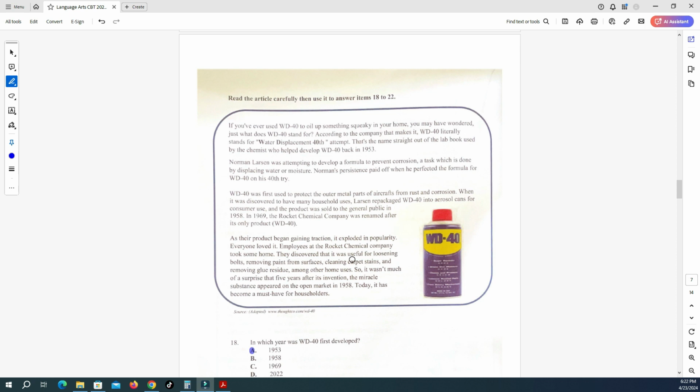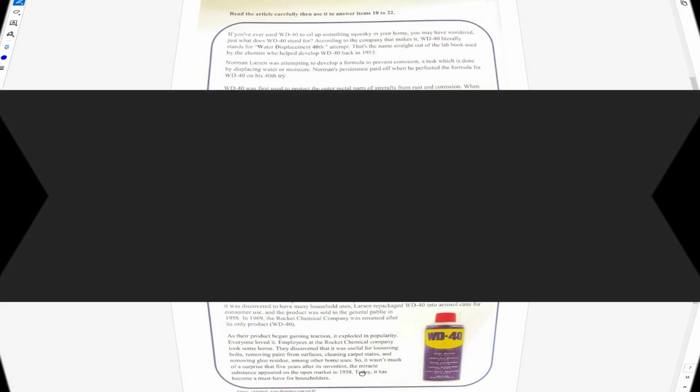They discovered that it was useful for loosening bolts, removing paint from surfaces, cleaning carpet stains, and removing glue residue, among other home uses. So it wasn't much of a surprise that 5 years after its invention, the miracle substance appeared on the open market in 1958. Today, it has become a must-have for householders.